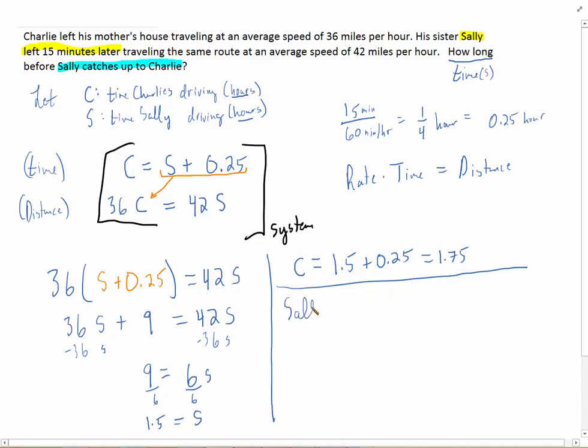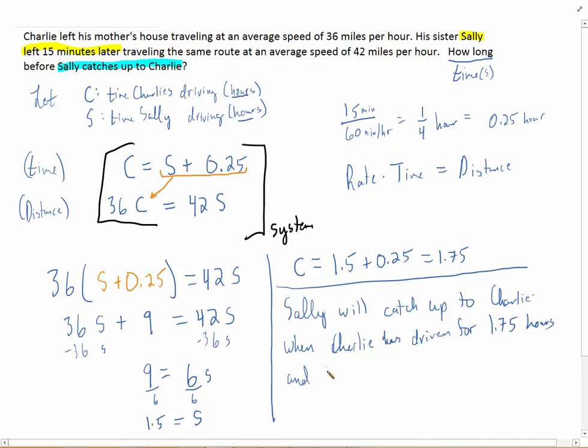So Sally will catch up to Charlie when Charlie has driven for 1.75 hours and Sally has driven for 1.5 hours.